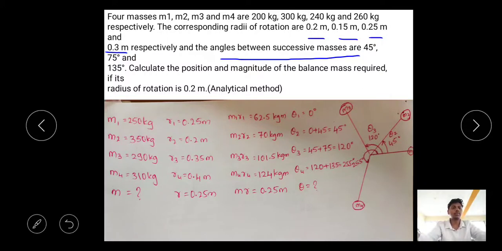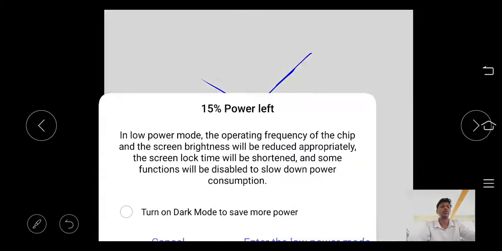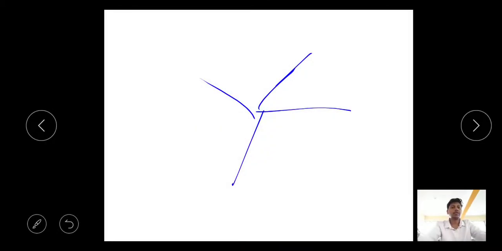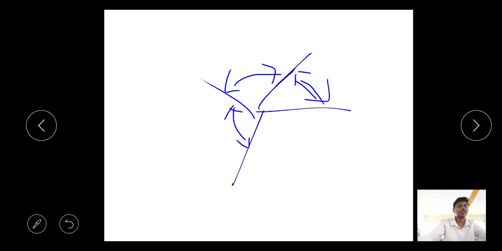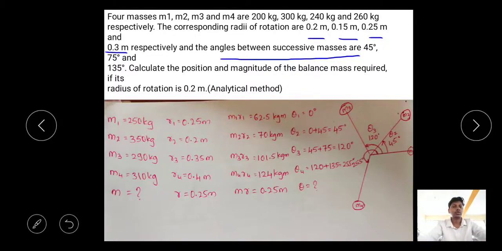Successive masses means the angle is given between m1 and m2, m2 and m3, and m3 and m4. Previously the angle was from mass 1. These are angles between successive masses. Now we want all the angles from mass 1, so how do we find them?